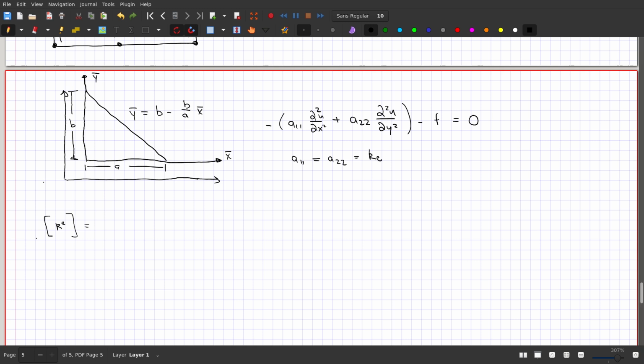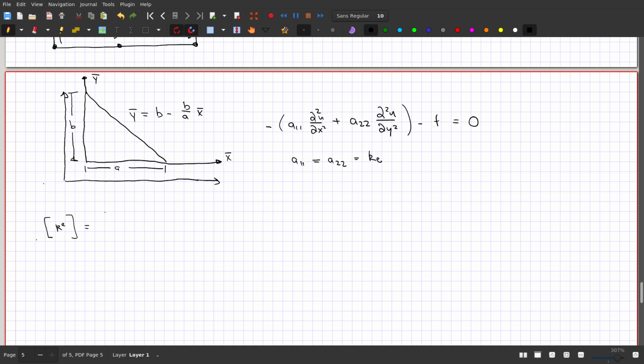And so then K, the element stiffness matrix that we just solved for, would be KE over 2AB times B squared, plus A squared, minus B squared.